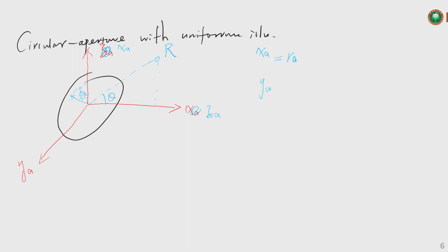All right. So this is RA cosine phi A. This is RA sin phi A.